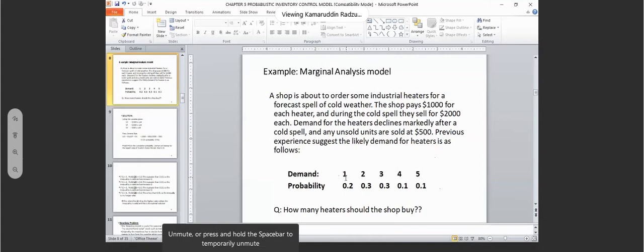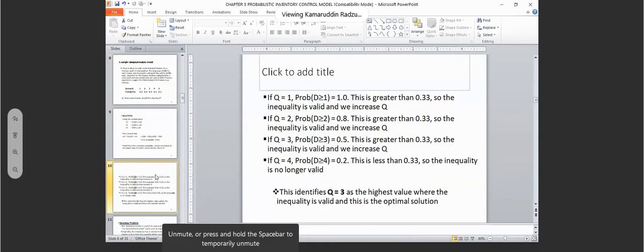So order demand here is 1 unit as the lowest. So let's say we only order the quantity from the supplier at 1 unit. So for the lowest order quantity, the probability will be equal to 1.0.